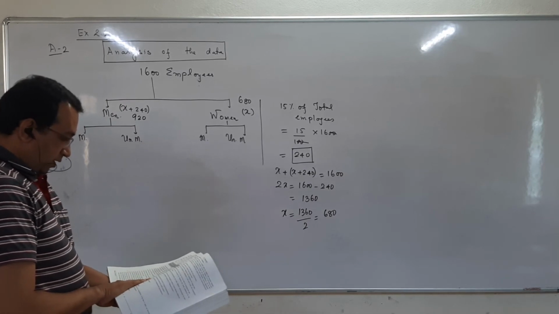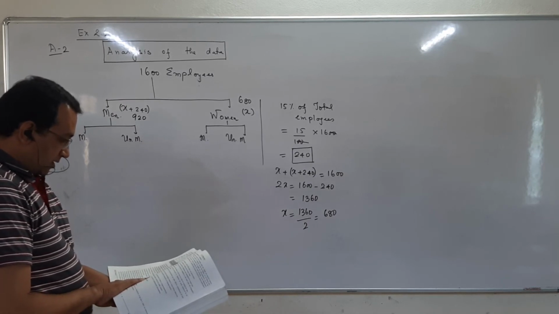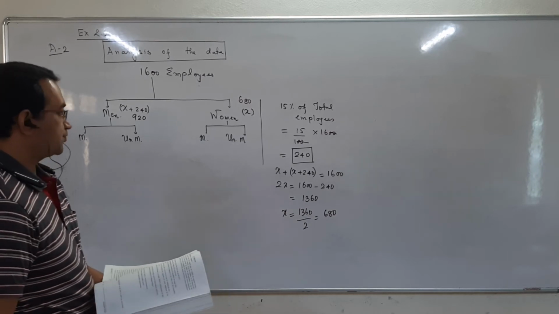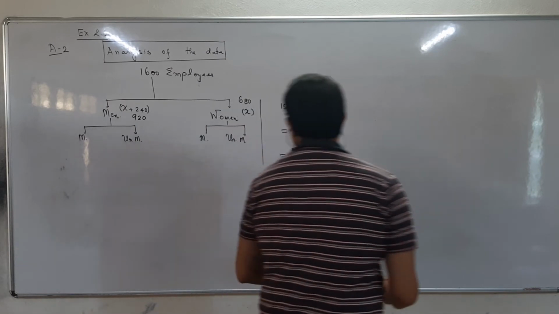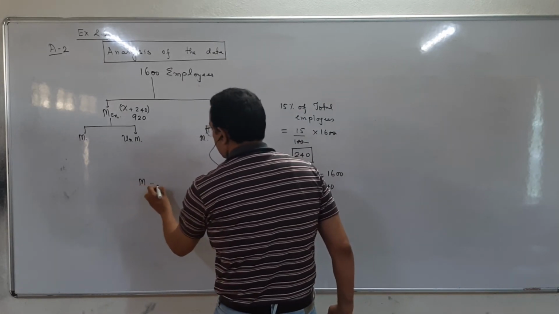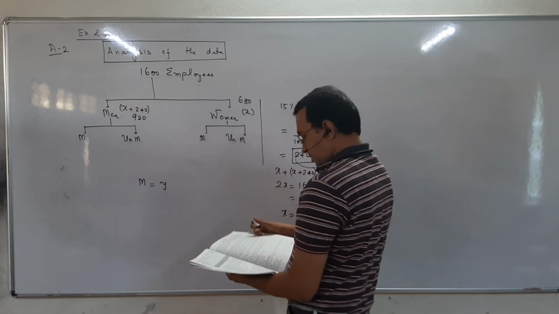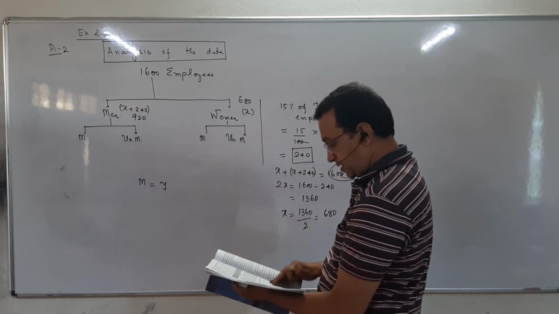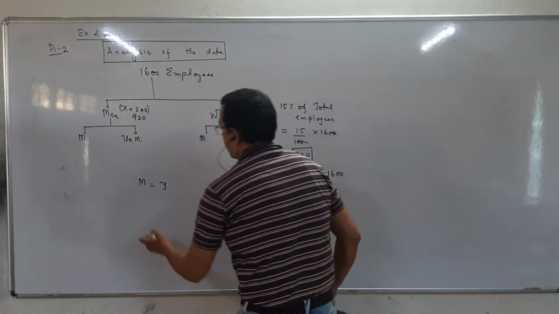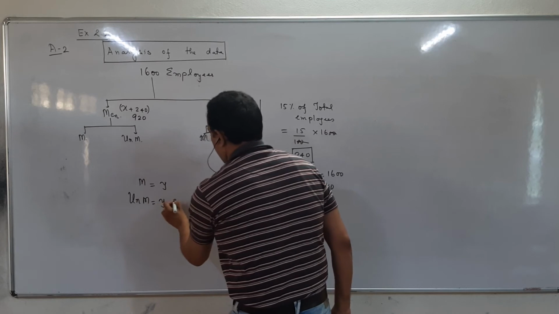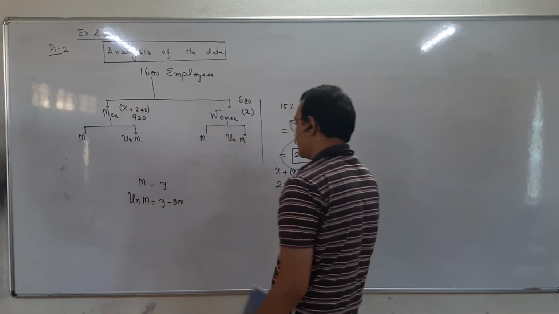Then the number of unmarried employees are 800 less than the number of married employees. So if I suppose married employees are Y, then unmarried employees will be Y minus 800.